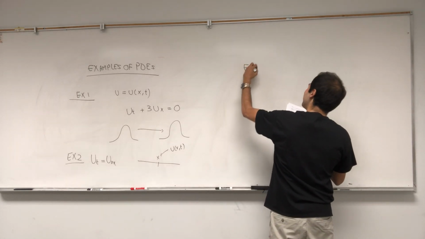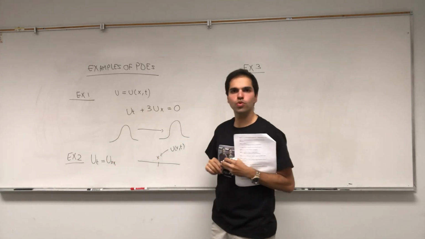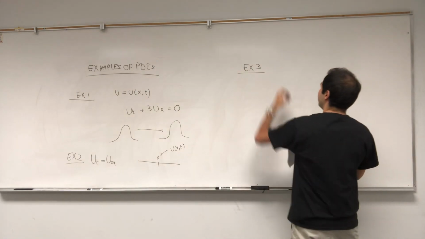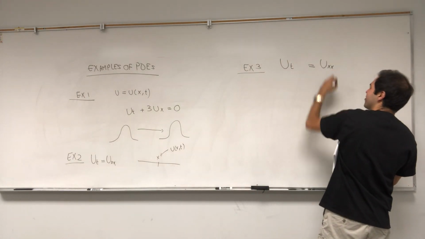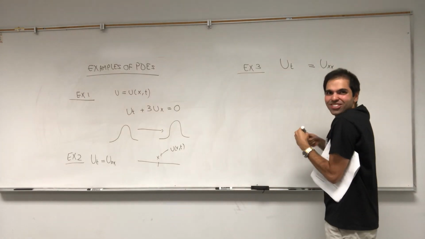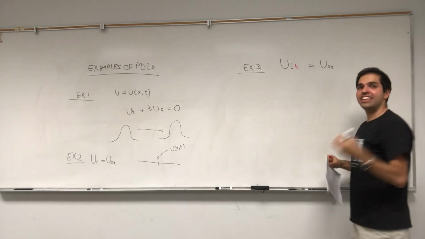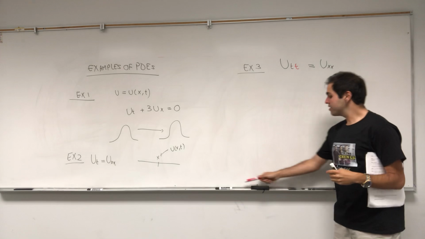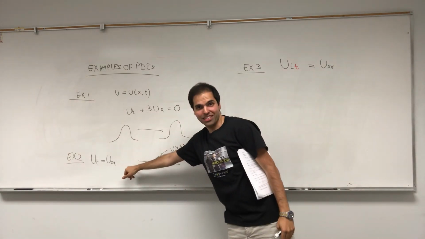And then something really interesting. Here we have u_t equals u_xx. You may ask, what if we add an extra t? Shouldn't change anything, right? I mean, it's just an extra t. How bad can it be? Well, just like an extra chromosome, it's pretty bad. Because it turns out this equation is very different from this equation.